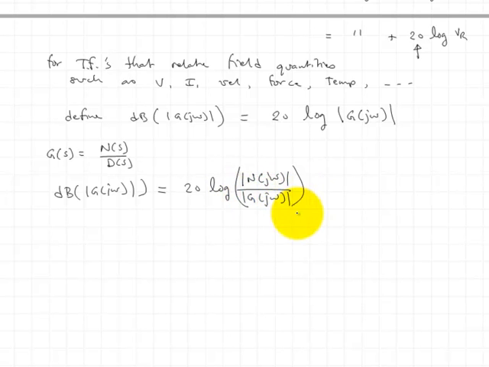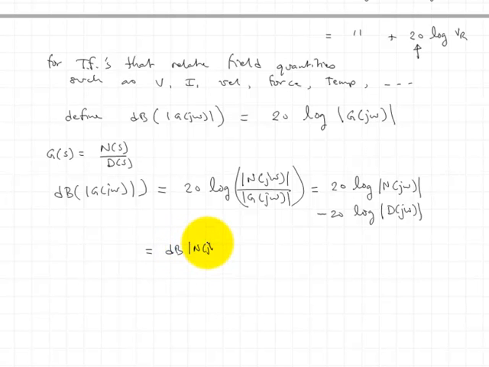And doing some logarithmetic, I can write that as 20 log of the magnitude of N of j omega minus 20 log of the magnitude of D of j omega. In fact, I can write that as dB of N of j omega minus dB of D of j omega.